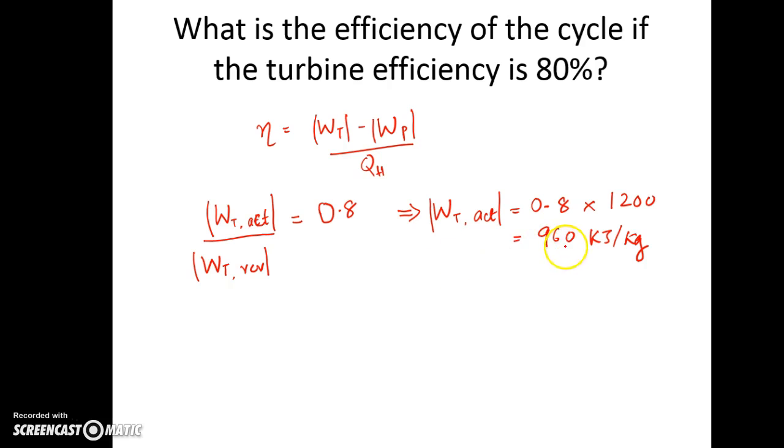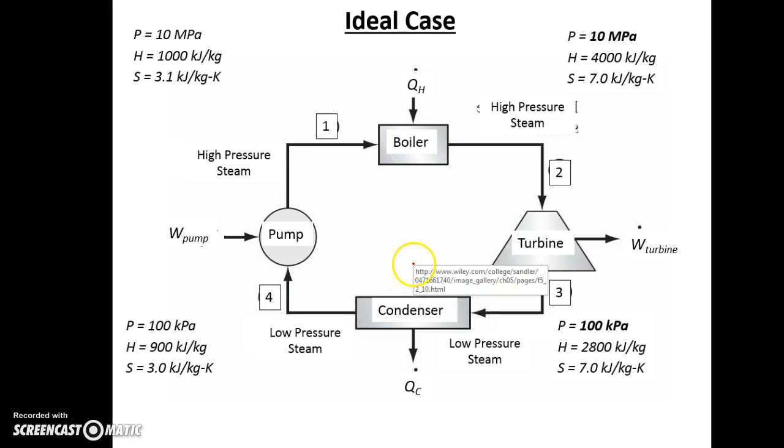So let's see how this updated value for turbine affects our exiting and input streams. Our input conditions to the turbine remain the same. The pressure is again 10 megapascal, enthalpy is 4000, and entropy is 7. However, our enthalpy value will no longer be 2800. And why is that? Because our work turbine is equal to 960.